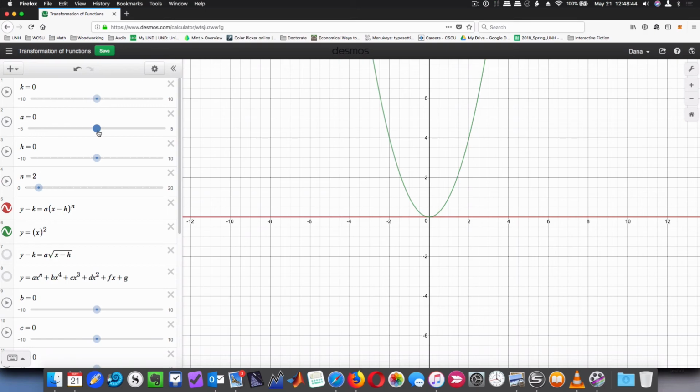But once that a value becomes negative, all of my x squareds, which are going to be positive, are multiplied by a negative number. So they all become negative. So all of these green values that used to be positive, I'm now multiplying by a negative 0.1, so they become negative.